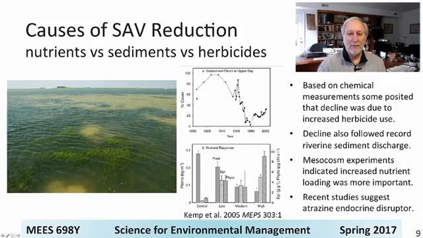Here, these are estimates of the abundance of submerged plants in the upper bay, the Maryland part of the bay, over the years, and you can see how the decline was quite precipitous, and particularly corresponded with tropical storm Agnes that really knocked the grass beds pretty hard. Their recovery has been very slow, and so this is where we're struggling to improve the acreage, the area covered by submerged aquatic vegetation.